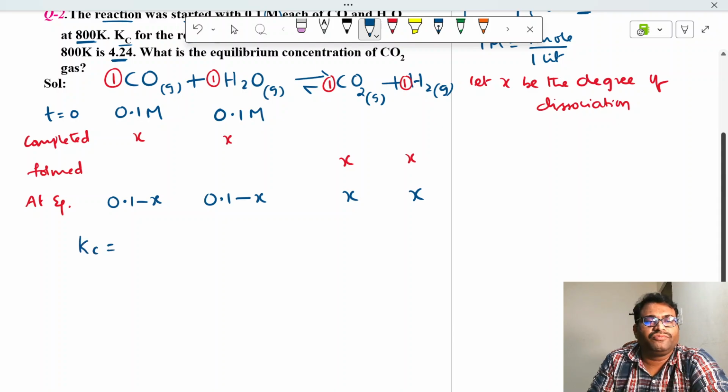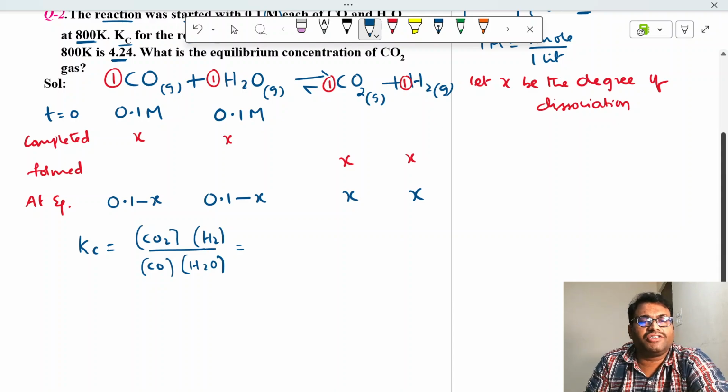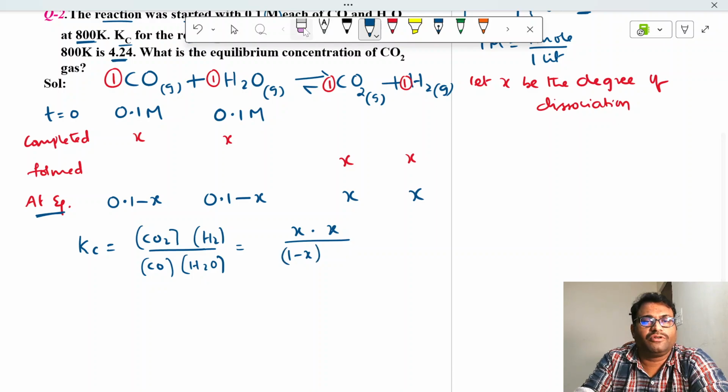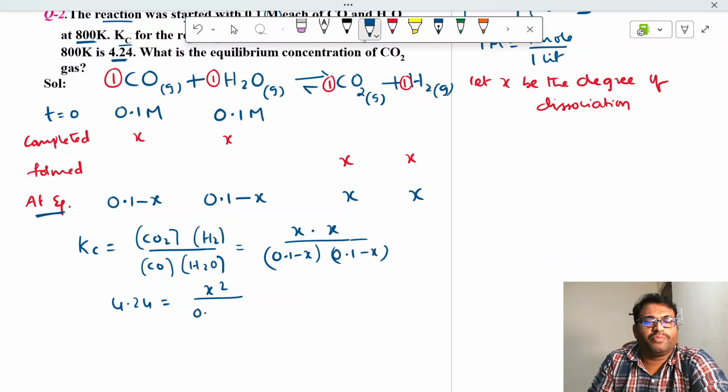Then if you write Kc, what do you write for this reaction? Kc is equal to CO2 concentration into H2 concentration by CO concentration into H2O concentration. So what are these concentrations? Equilibrium concentrations. What are equilibrium concentrations of CO2? X into X by 0.1 minus X into 0.1 minus X. Then Kc how much is given? 4.24 is equal to X square by (0.1 minus X) square.